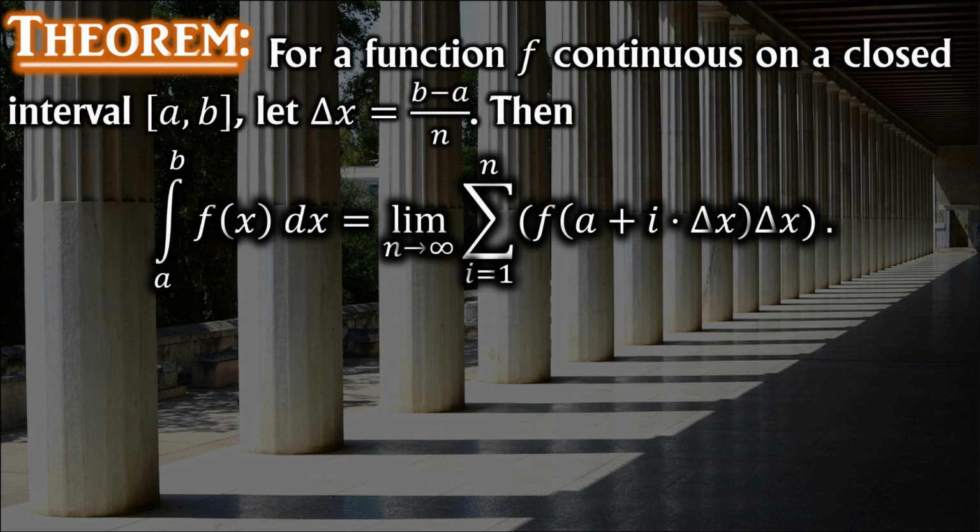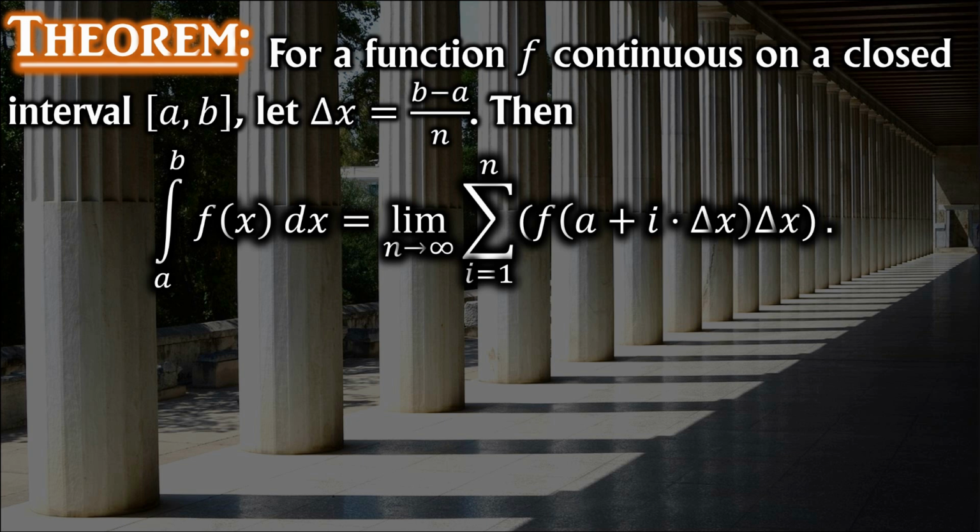For a function f continuous on a closed interval a to b, it does need to be continuous for this to work, let delta x equal b minus a over n. With that choice, then we can say that the definite integral from a to b of f of x dx is what we just did.